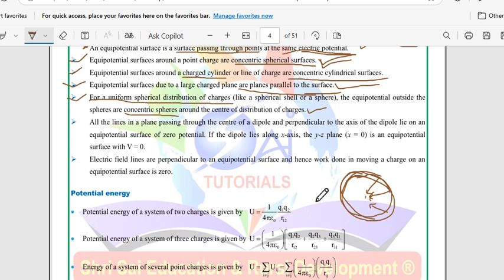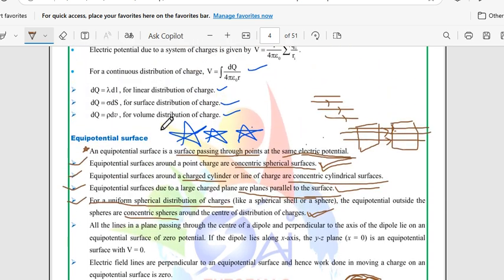As I told you in the first property, equipotential surfaces around a point charge are concentric spherical surfaces.